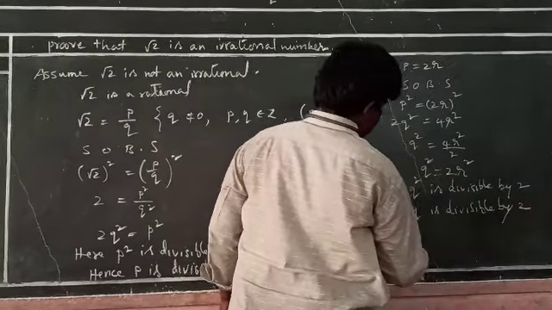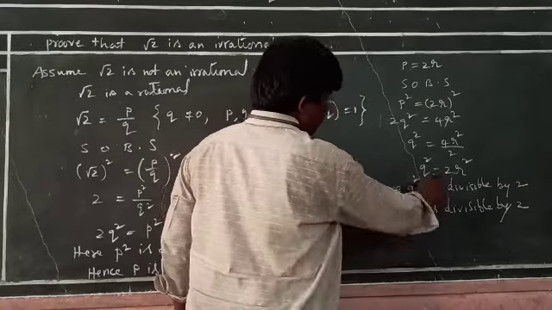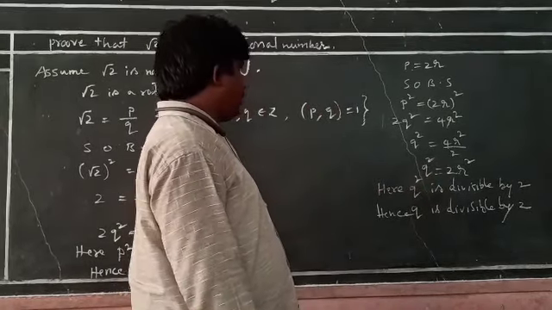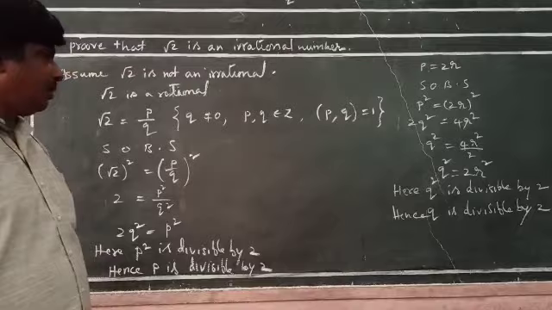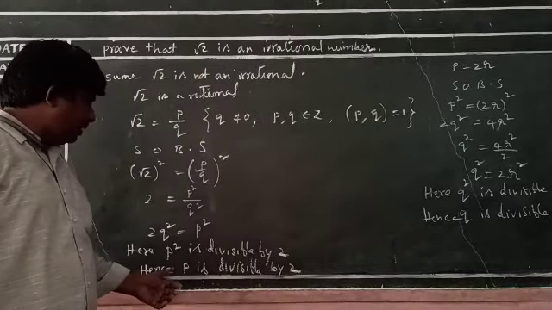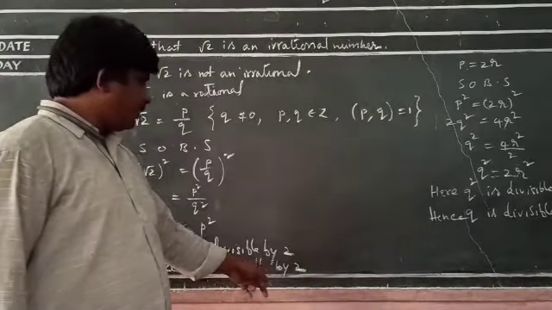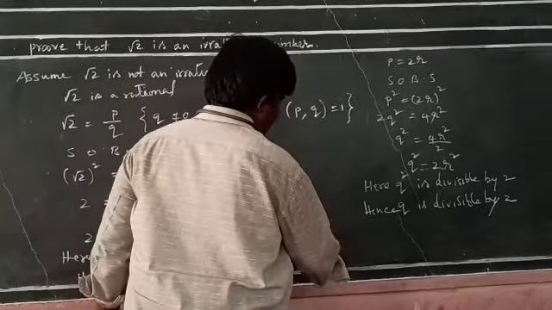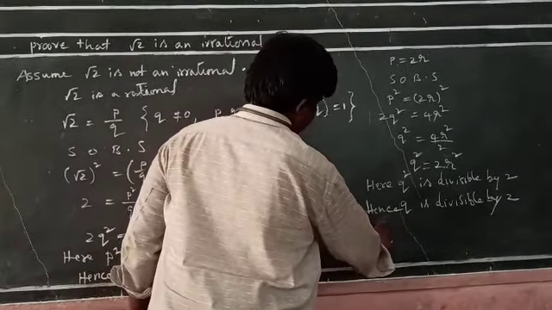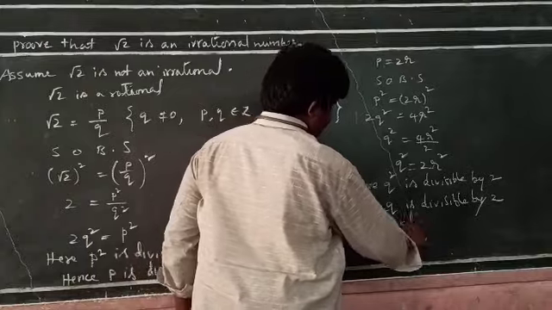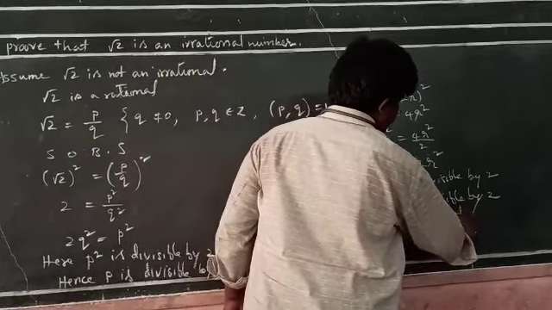Hence q is divisible by 2. Now observe that p as well as q, both p and q are divisible by 2.